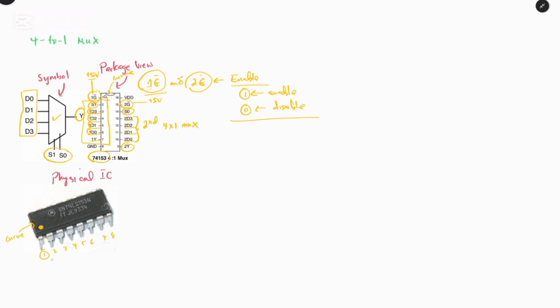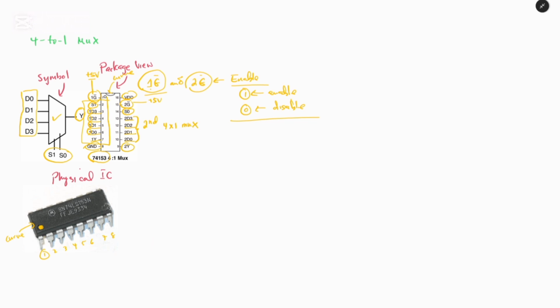So you can just insert this chip on a breadboard, or if you have a PCB, you can just mount this IC and then apply your signal and the control signal, so it will produce the output. So that means VDD is the pin connected to a 5 volt supply, and pin 8 is the ground. So once you connect the voltage source to the chip and the ground, then you can connect the input and the output of the chip plus the enable.